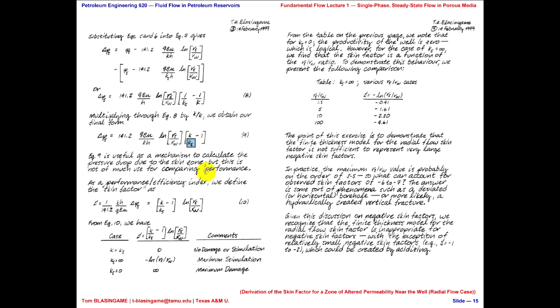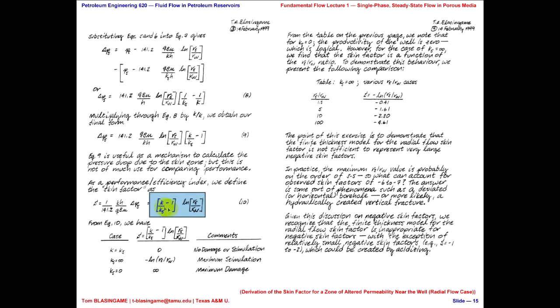Okay. So then we don't like to carry around all this 141.2 QB mu over KH stuff. So we're going to define what's called a dimensionless pressure. This is your first time. So this is KH over QB mu, 141.2 in the denominator. The dimension of that is dimensionless. There is no dimension.